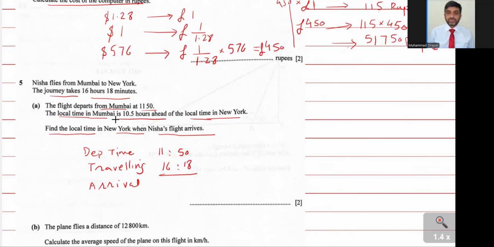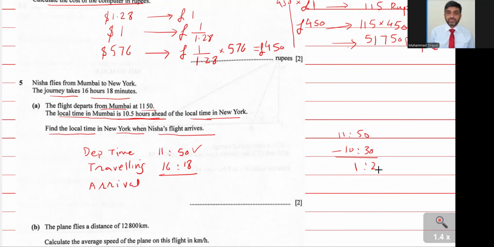Look here, Bombay time is 10.5 hours ahead. Therefore, when the time in Bombay is 11:50, the New York time will be 11:50 minus 10:30. This will be the New York time when the flight departs, because Bombay time is 10.5 hours ahead. Therefore, we subtract this value.